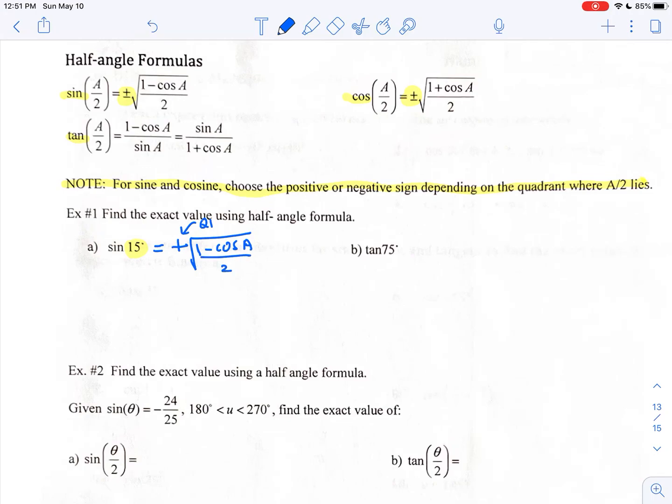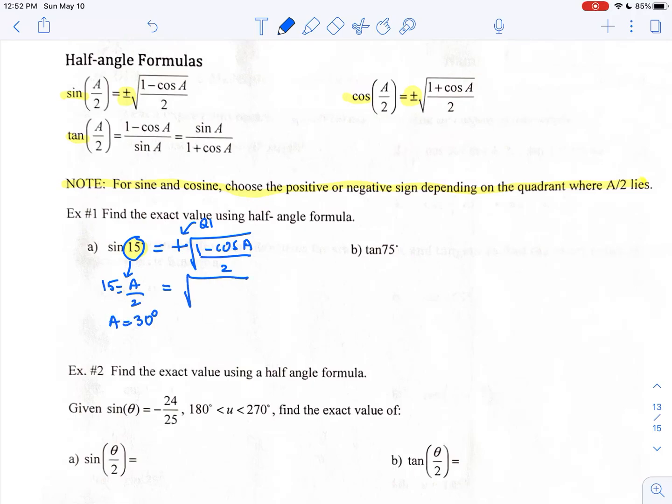And let's go back and figure out what do I plug in for a. One of the biggest mistakes I see students making is plugging in 15 degrees there. Keep in mind that 15 degrees is your half angle. So when I'm plugging in the formula on the right hand side, I'm using what I know about twice the half angle, which in this case, if you're solving for a, would be 30 degrees.